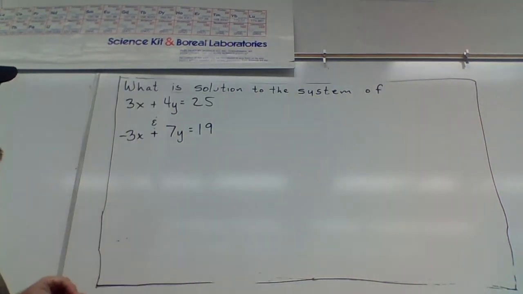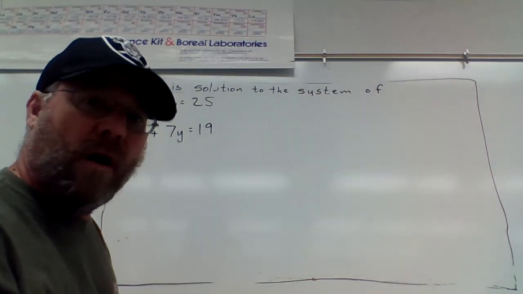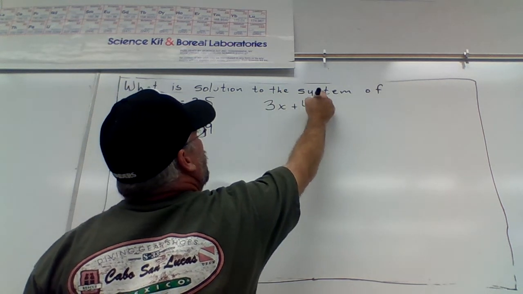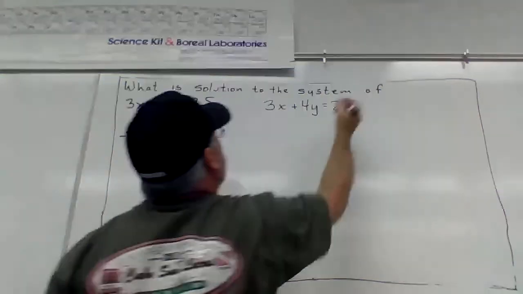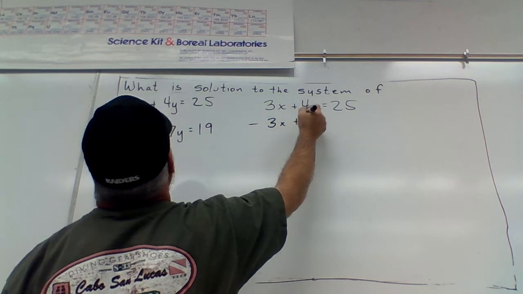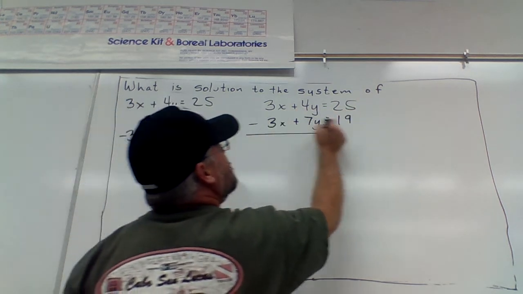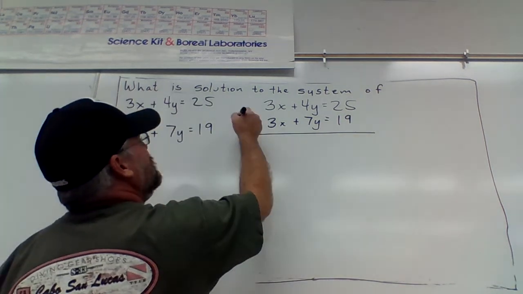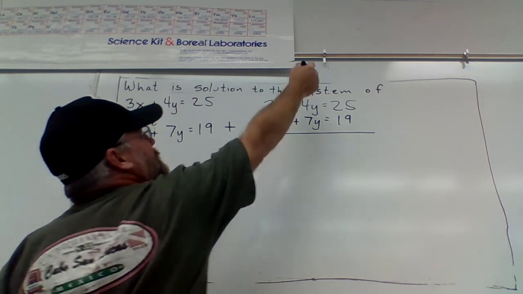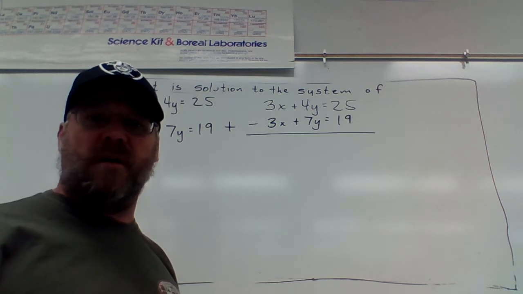What I would do with this one is set it up kind of like an addition problem: 3x plus 4y equals 25, and then minus 3x plus 7y equals 19. I'm going to add straight down these columns, and that's going to help me solve this.